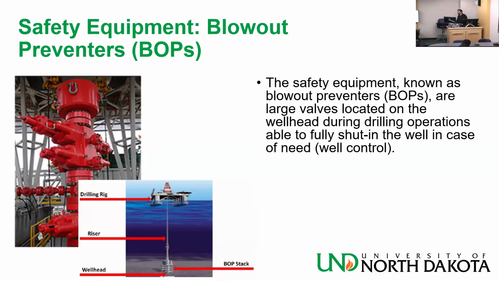Macondo was a deep water well, 5,100 feet. It was at the bottom of the ocean. The BOP was damaged, and then they had to install something on top of the damaged BOP. It was very hard to do because it was 5,000 feet down.